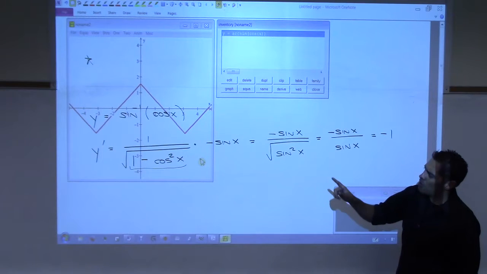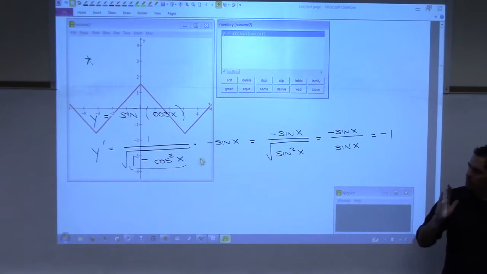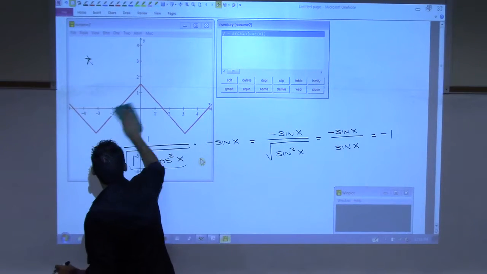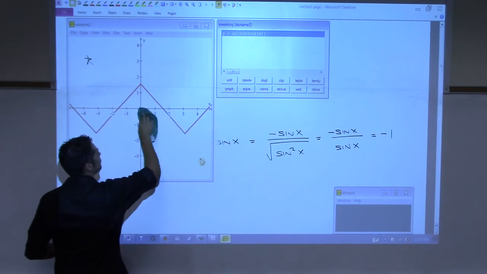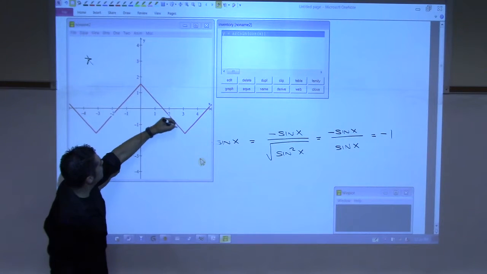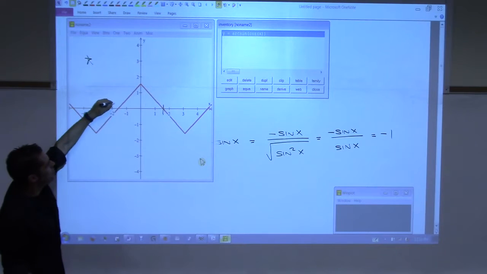If we're going to be talking about the inverse sine function, we can only be looking between negative pi over 2 and pi over 2, right? Pi is about 3.14. So pi is about here somewhere, pi over 2 is somewhere in here, and negative pi over 2 is somewhere over here.